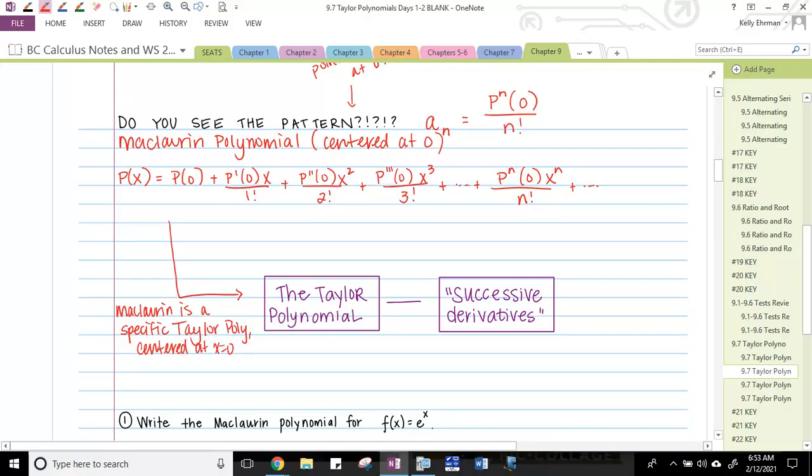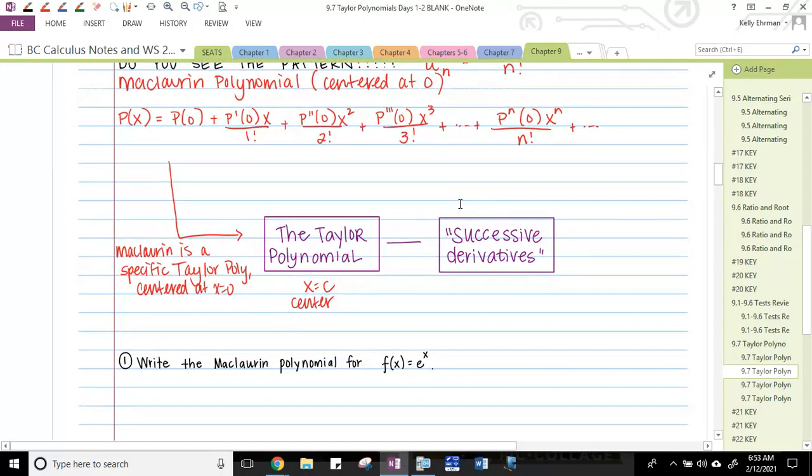The Taylor polynomial is just x equals c is the center. So how does that change things? It's still just taking successive derivatives over successive factorials. The only thing that changes is instead of having all these derivatives evaluated at 0, you always evaluate at whatever the center is. So p of x in general is equal to not p of 0, but p of c. So maybe c is pi over 6, or maybe it's 1, or whatever.